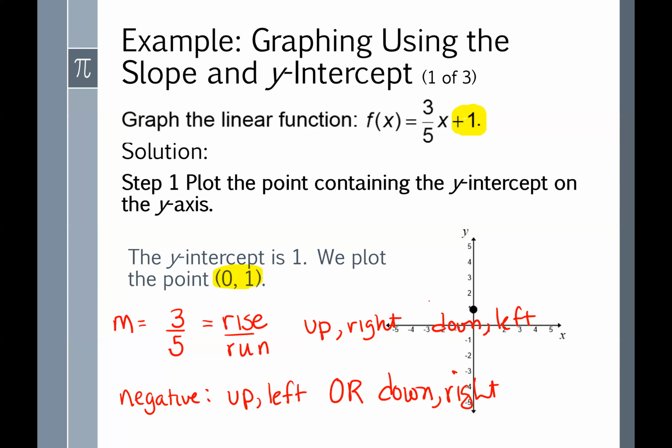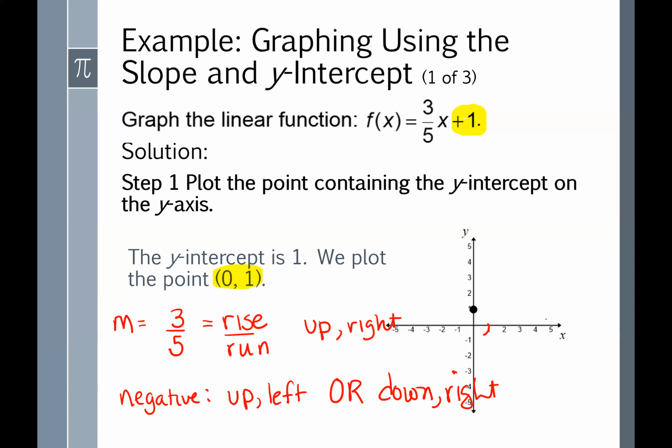We're not going to do that. We're going to go up and to the right. So what does this mean, up and to the right? The top number in our slope, the numerator, tells us the magnitude we're going to go up in the y direction.